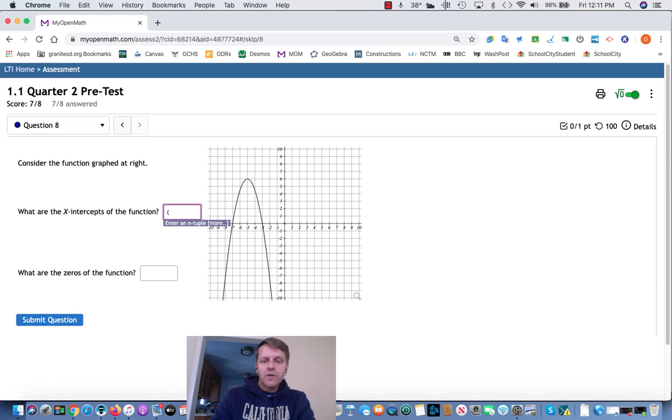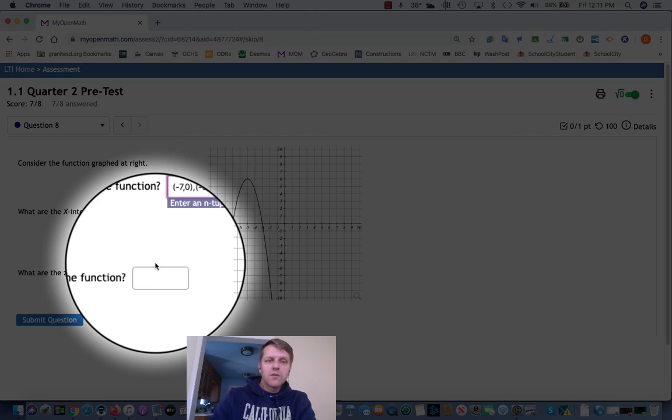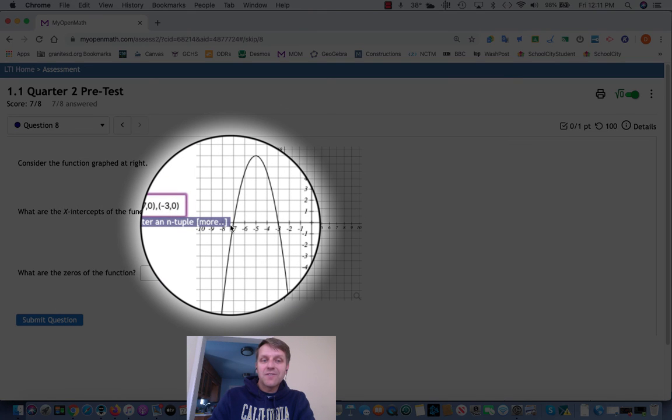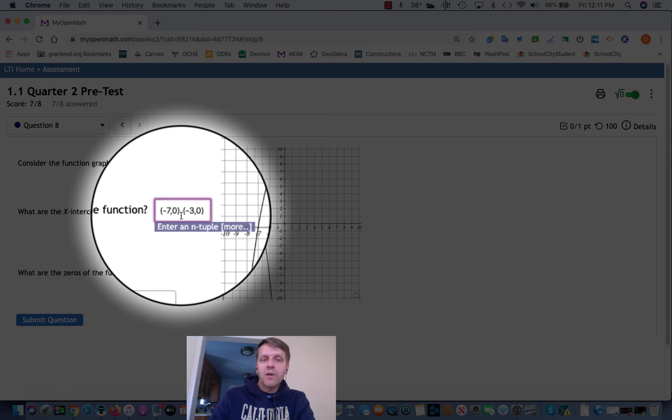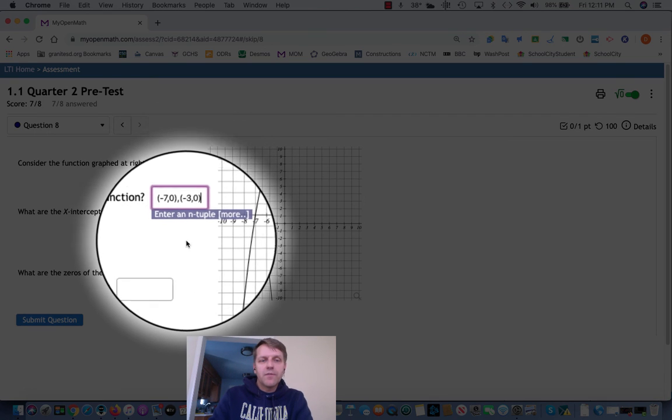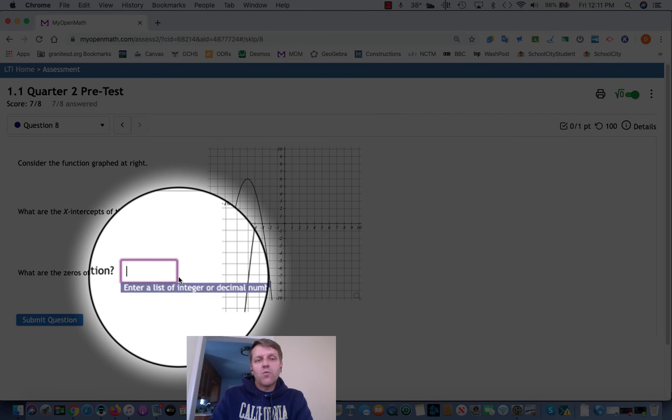So on this one, I think we're going to need to put them in as ordered pairs. So notice that this spot is (-7, 0) in parentheses. Then I put a comma between my parentheses to separate them. And then in my next parentheses, I have (-3, 0). All right, and then it says, what are the zeros?